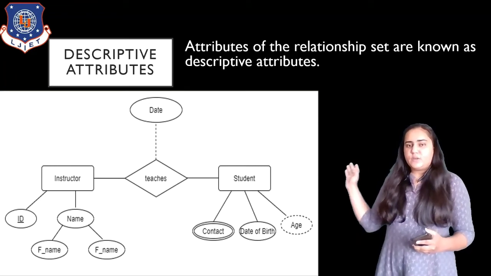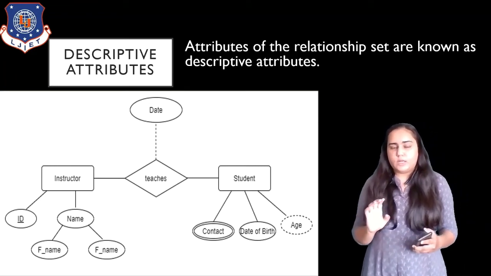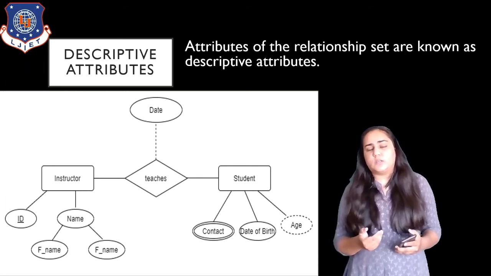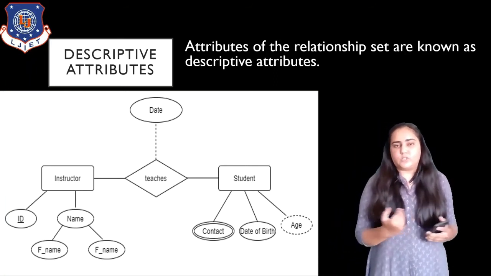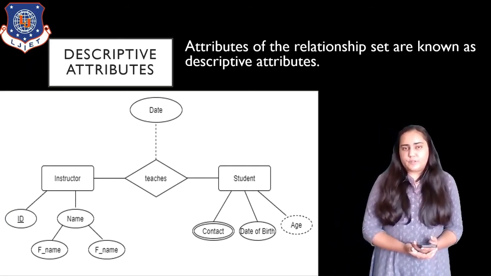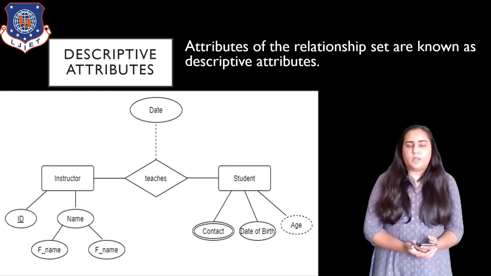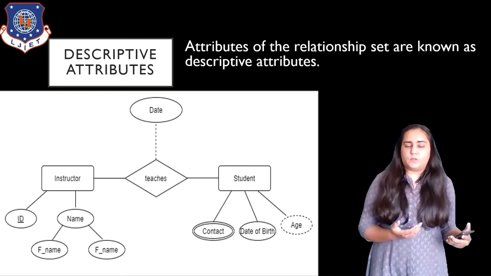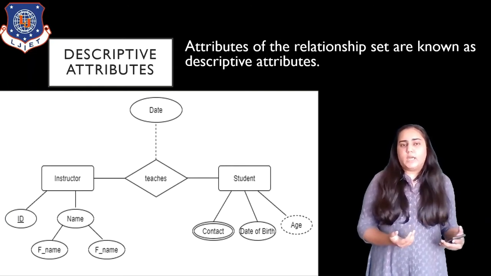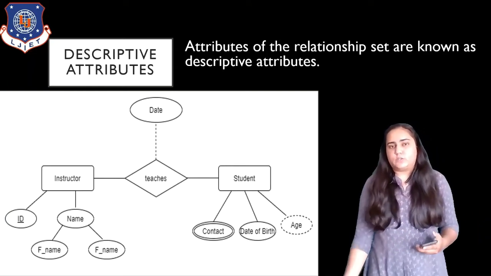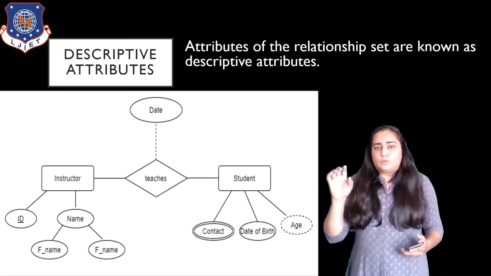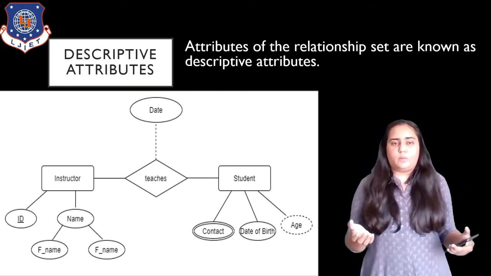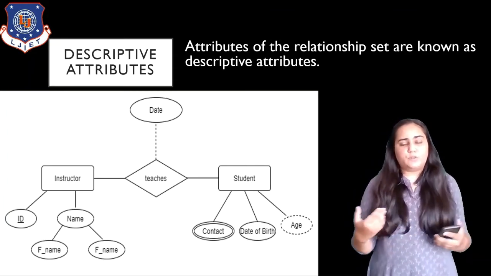So in this case, you can see that there's a date attribute, and that attribute is attached to the teacher's relation and not to instructor or student. The reason for this is that if I want to provide the information about on which date an instructor started teaching a student, I have to decide whether I want to put it with instructor or student.